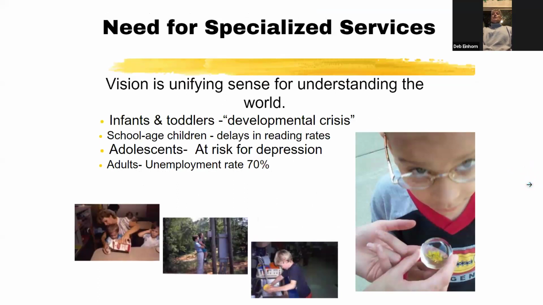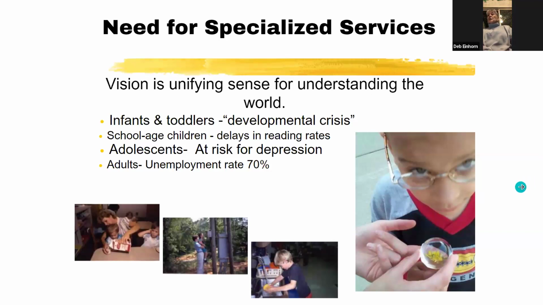Vision is the unifying sense for understanding the world. So for babies, infants and toddlers, it really is a developmental crisis, because they are not going to learn from the world the way typical infants and toddlers do, who can see their caregivers and their surroundings, interact, learn social cues, and learn to identify things around them.